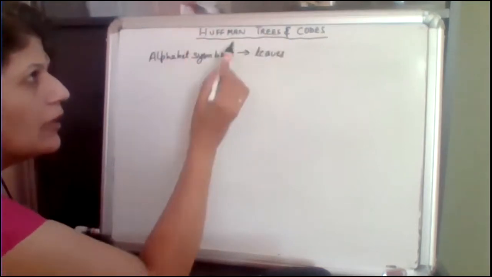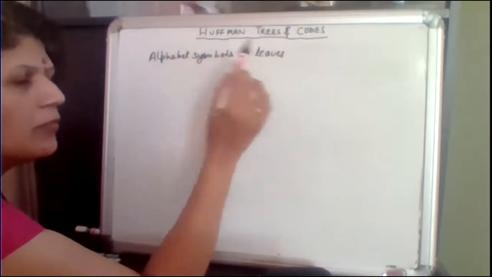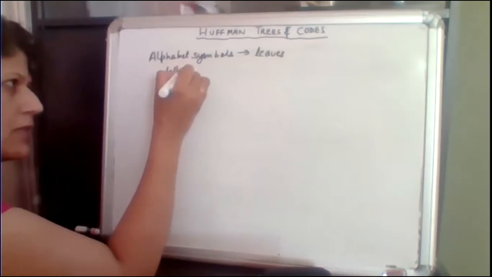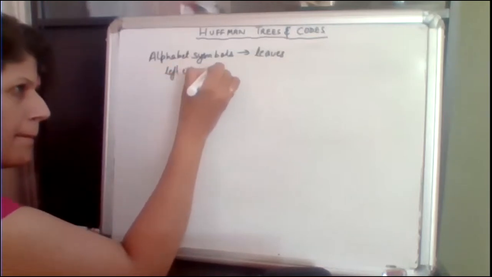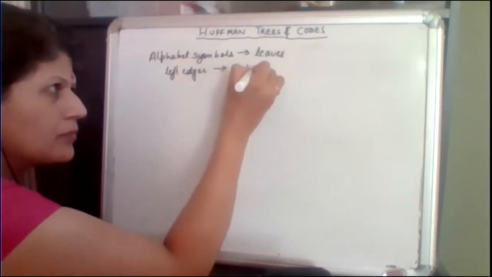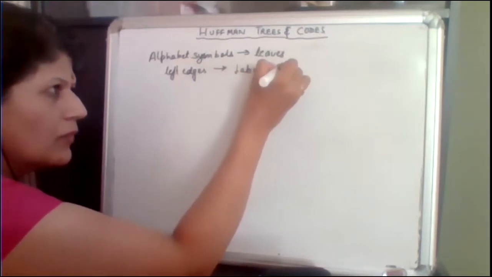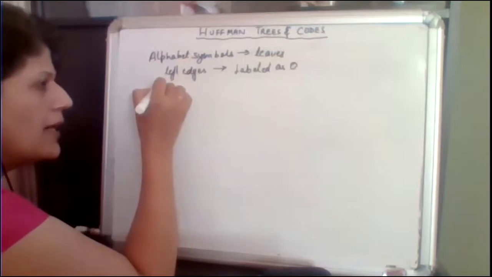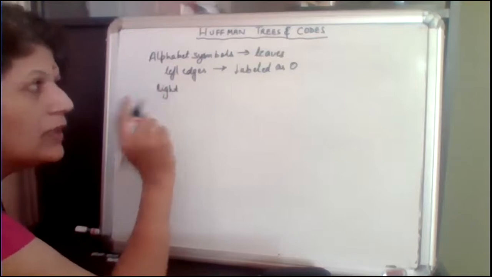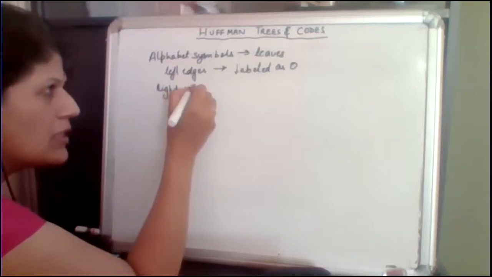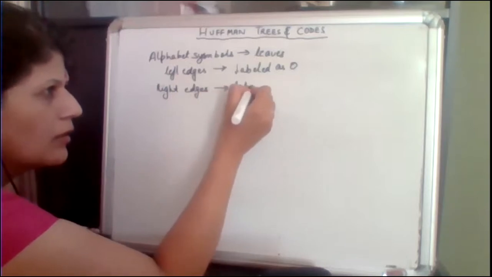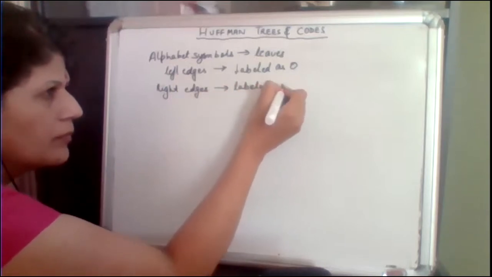Within that Huffman tree, alphabet symbols will be the leaves, and the left edges are labeled as 0, and the right edges, I'm not talking about the nodes, I'm talking about the edges, within the tree are labeled as 1.